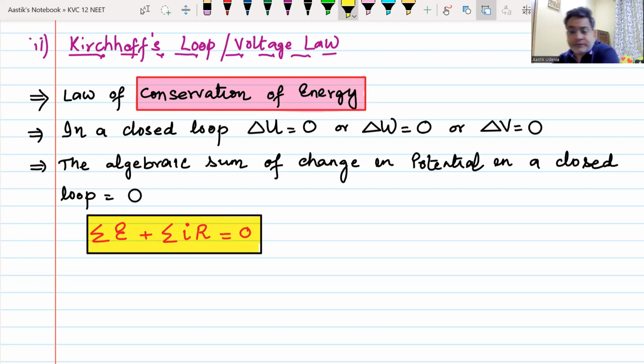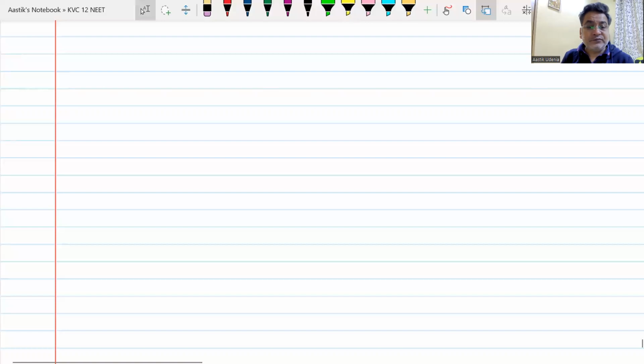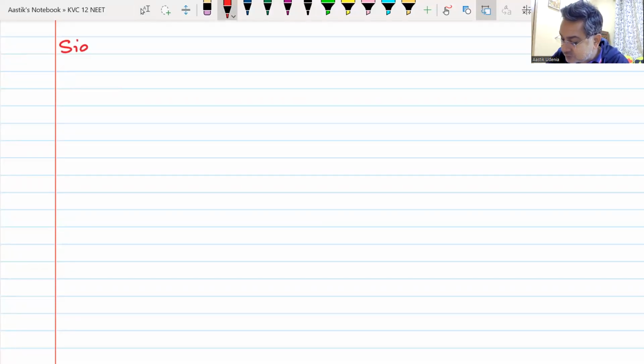Now remember, whenever you are going to apply this Kirchhoff's law, there is a sign convention that you have to follow. So the next heading is sign convention. The first sign convention is for battery.